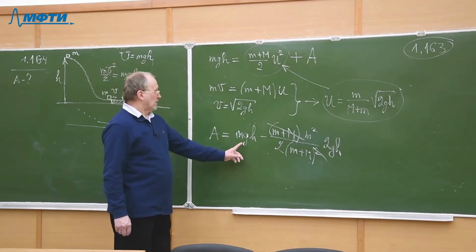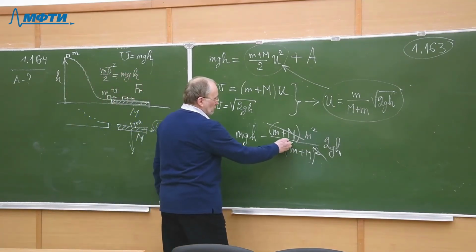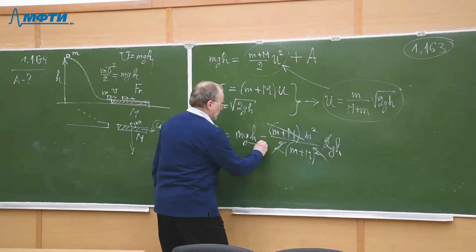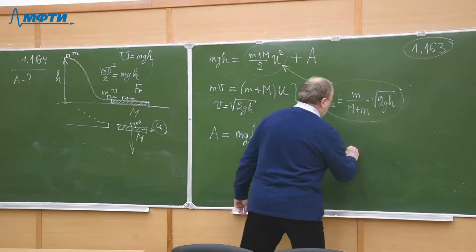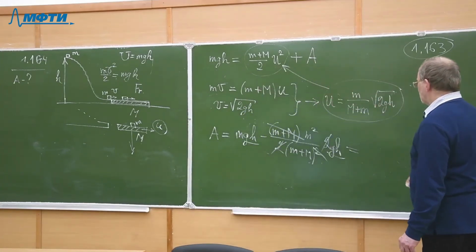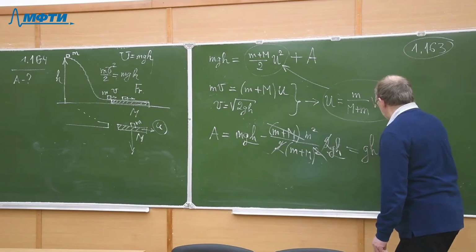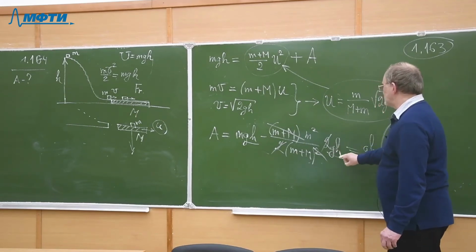So this coefficient 2 will also cancel, and gh can be taken out to factor the round bracket. And what will remain in the round bracket?